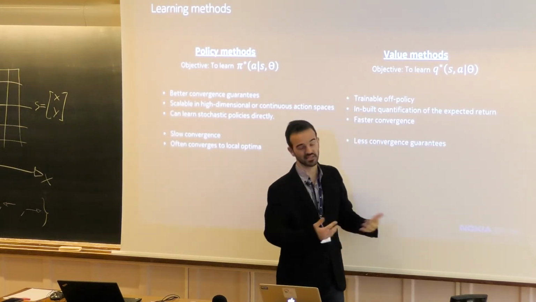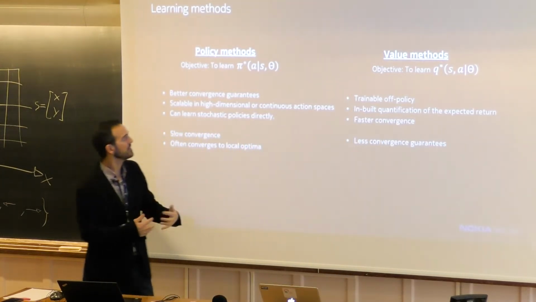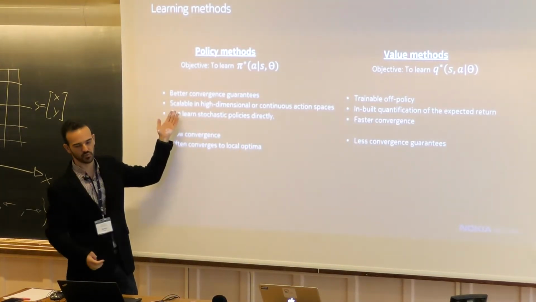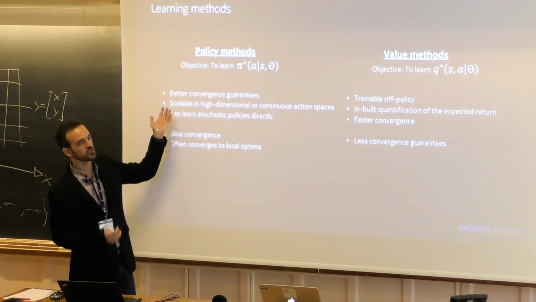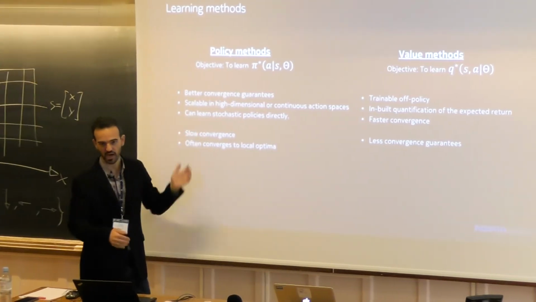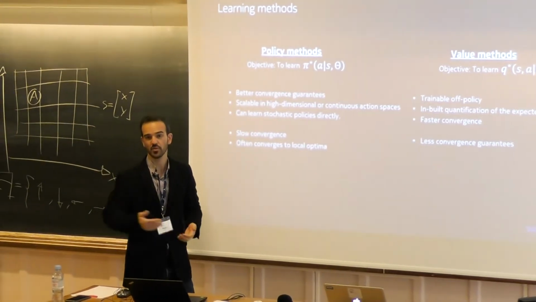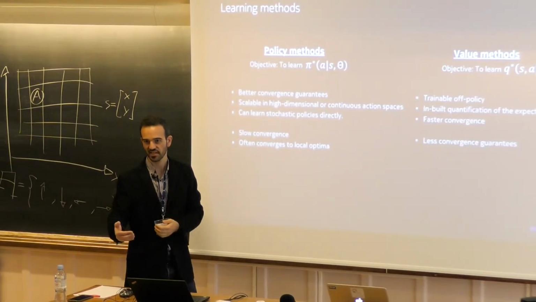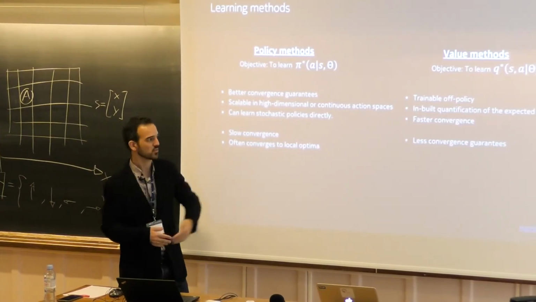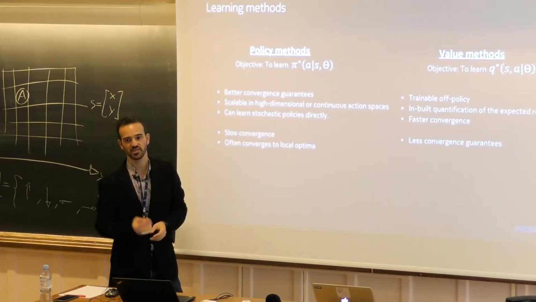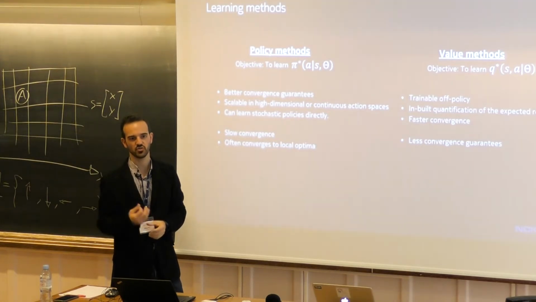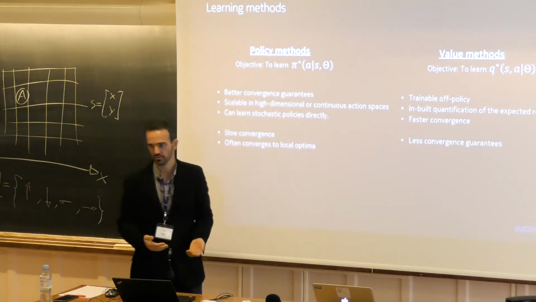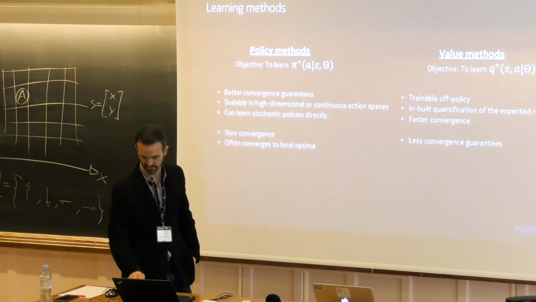Even if you knew what the optimal behavior would be, with policy methods you wouldn't necessarily know how good it was. Maybe it turns out that the best action to take is still pretty bad for your intentions. That's why with value methods you get this quantification of how good an action is going to be, and then you can decide whether to ignore it, explore, or do something else.